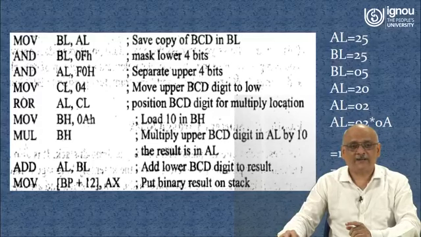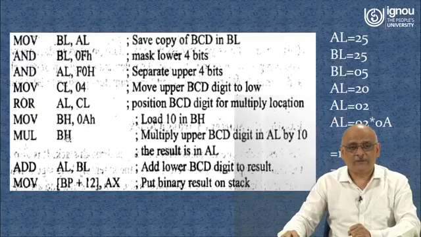So now what next do we do? We move 0A into BH and multiply by BH. In fact it should be BH in this particular case. So AL will be multiplied, remember that.